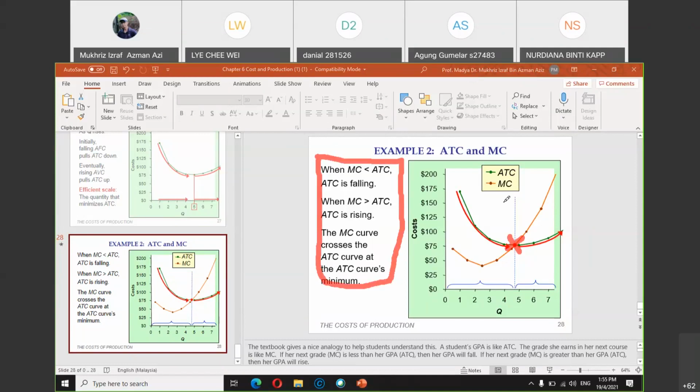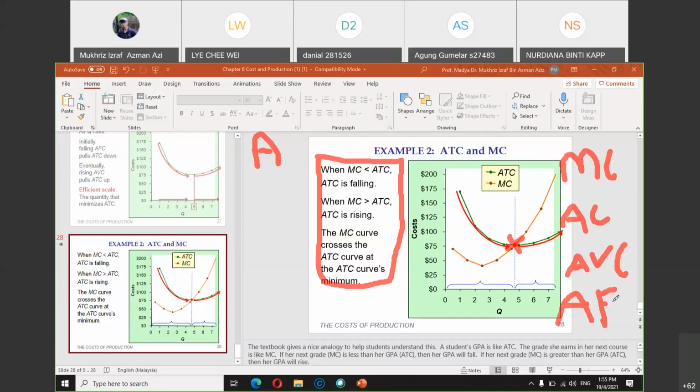Usually when you plot the graph, we don't plot in terms of total, we plot in terms of average. That's why you can see that these graphs are all in terms of average, except marginal cost. So when you plot marginal cost, you plot the rest of the costs in terms of average: average cost, average variable cost, and also average fixed cost.